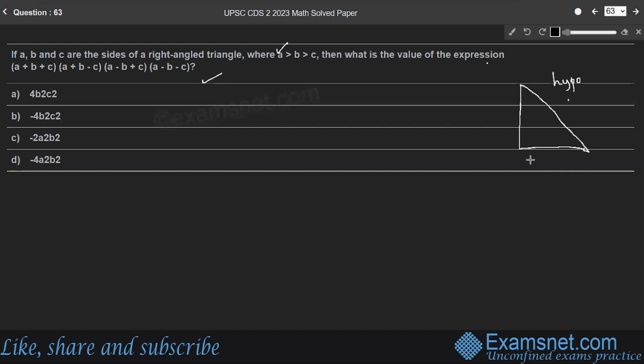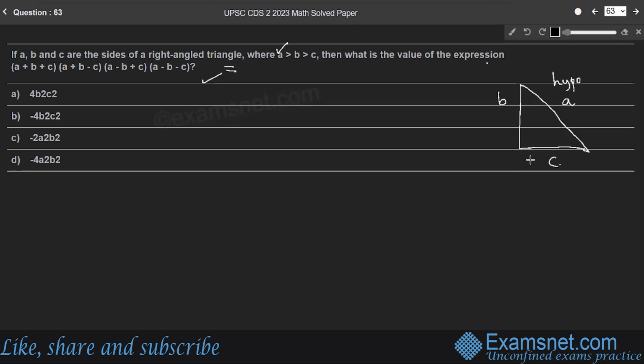So that is A, and A is greater than B. So we will consider one of the sides which is greater than the third side. And B is greater than C. So an expression is given, and among four options, which option is correct? For that, let's directly take values randomly.